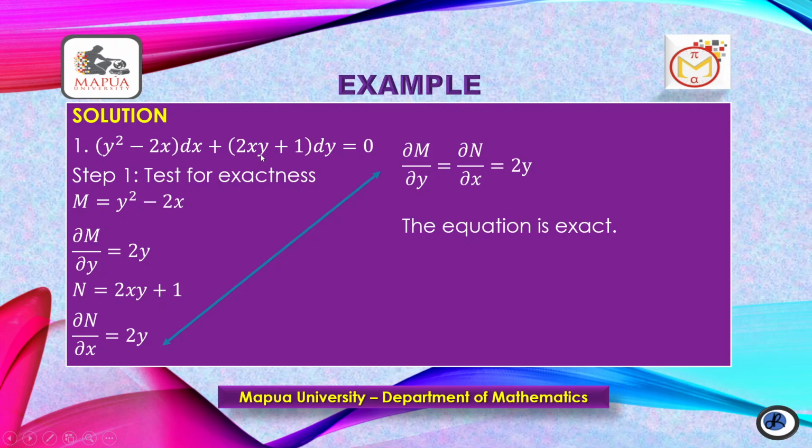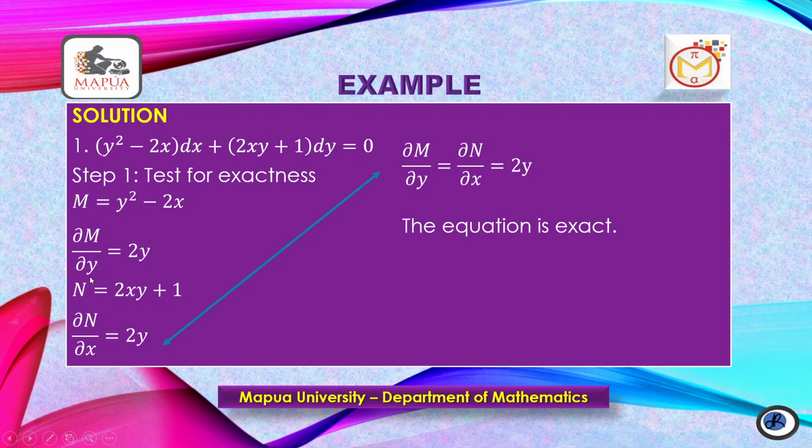The other way is to check if this equation is an exact equation. The coefficient of dx, which is M, is y squared minus 2x, and we look for its derivative with respect to y. The coefficient of dy, which is N, we find the derivative with respect to x.